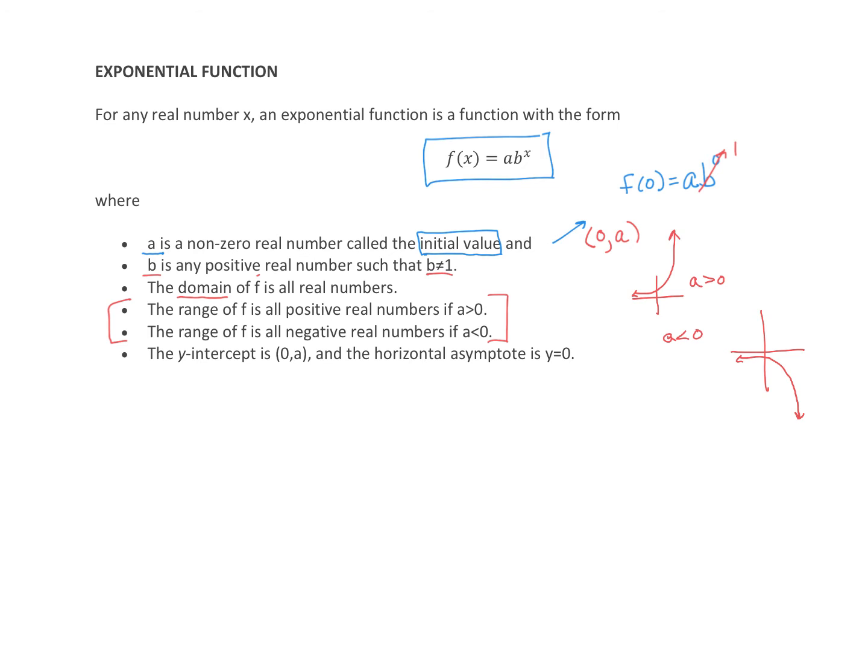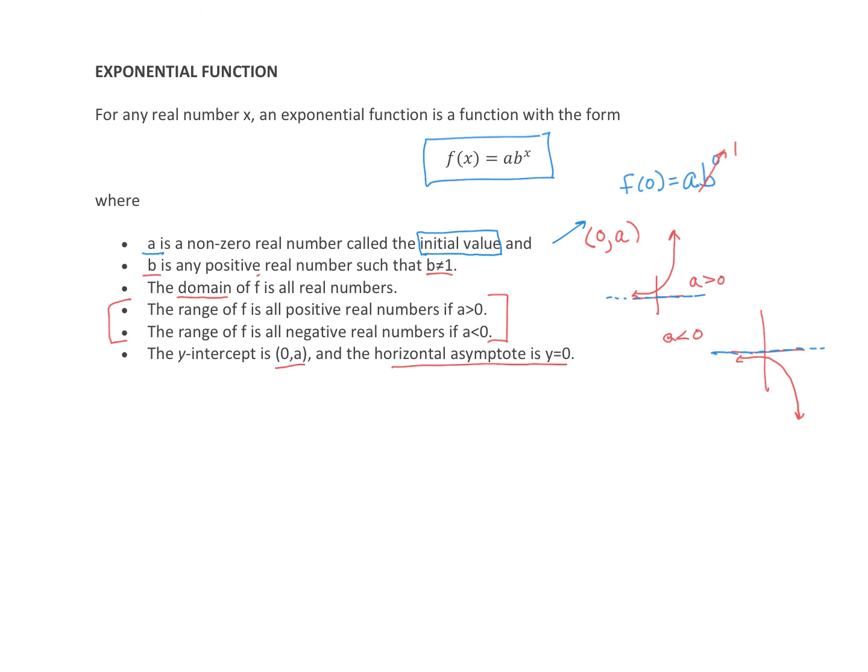So notice that the range would be all negative real numbers in this case and positive real numbers in the first case. And of course, the y-intercept is (0, a), and we are always going to have a horizontal asymptote of y equals 0. We have that horizontal asymptote here, and here.